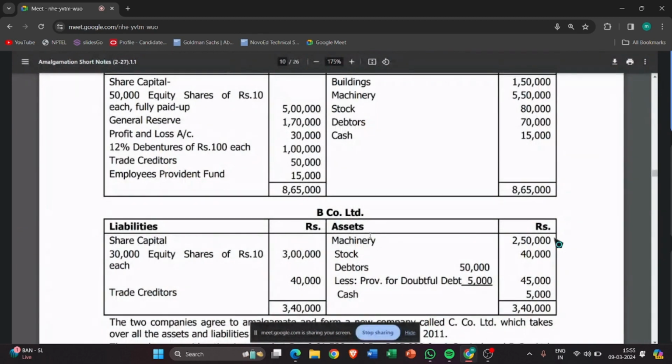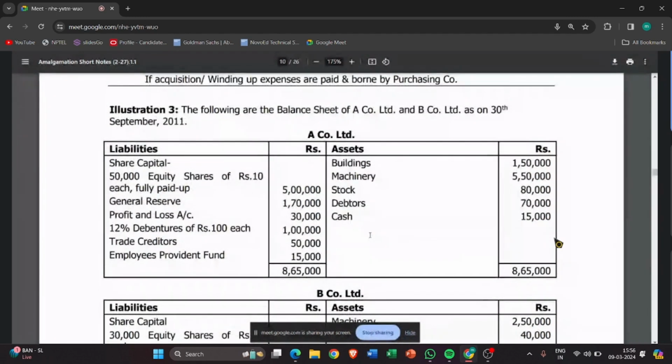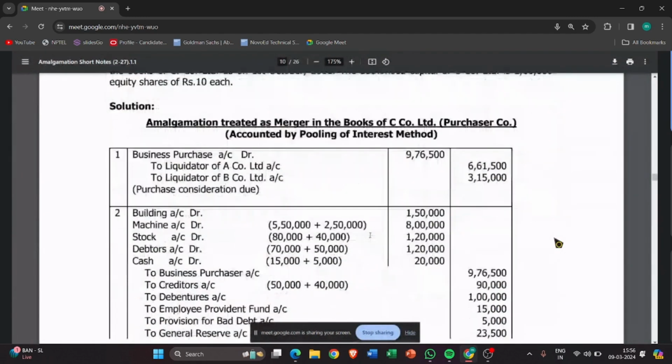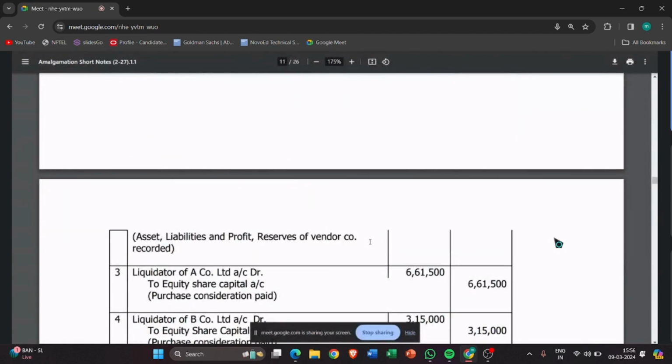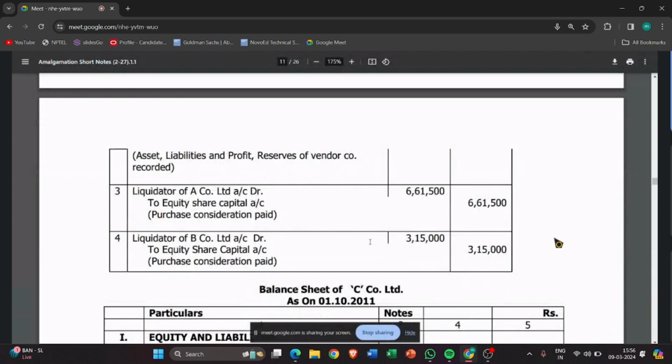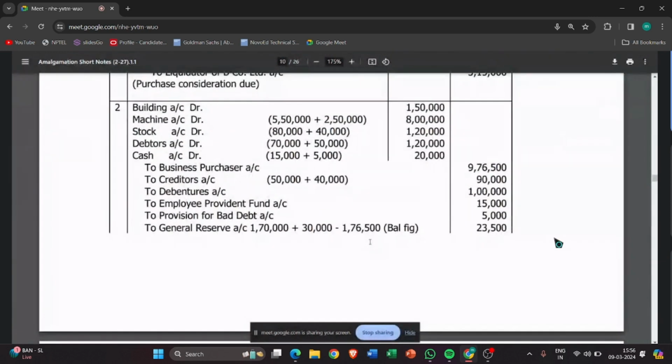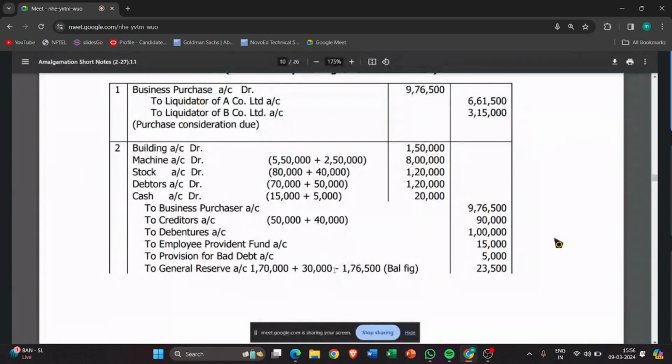That will be written as the balancing figure. So if you do it in your working notes, that's what I was checking. He's not done it in the working notes. The amount of purchase consideration minus the net assets of both the companies will come to 1,76,500. That is nothing but negative reserve.